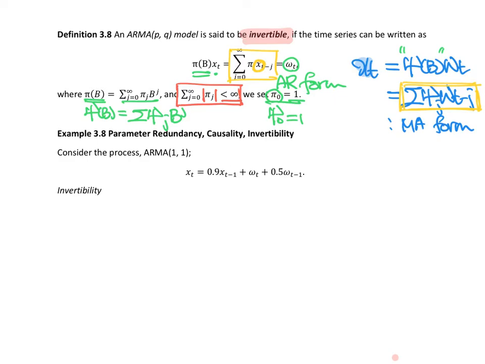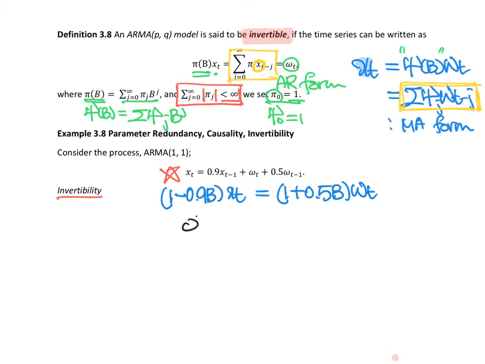So now we have the same example here, and we are going to check the invertibility. Let me make the general form. It must be 1 minus 0.9B times Xt is equal to 1 plus 0.5B times Wt. So now I can say it is phi B Xt is equal to theta B Wt.